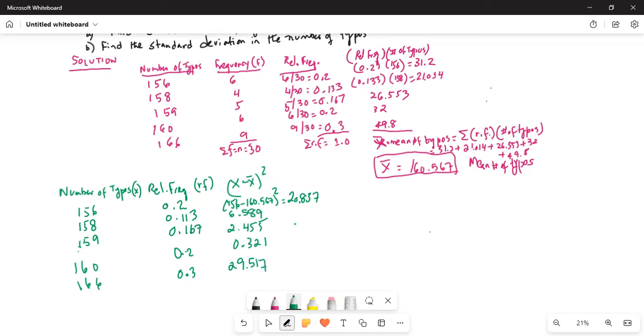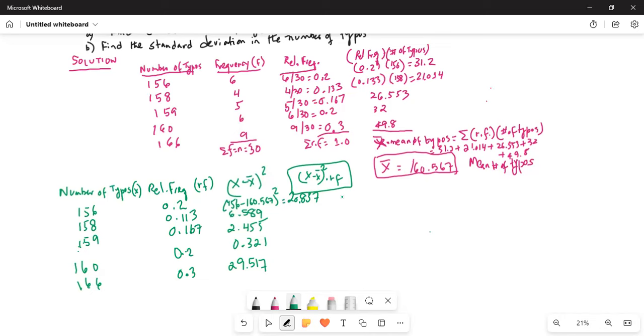Okay. Now in the next column, I'm going to multiply (x minus x bar) squared times the relative frequency. So I've already gotten the (x minus x bar) squared. Now I will multiply each of them by their relative frequency.